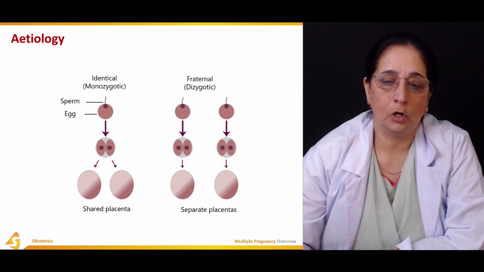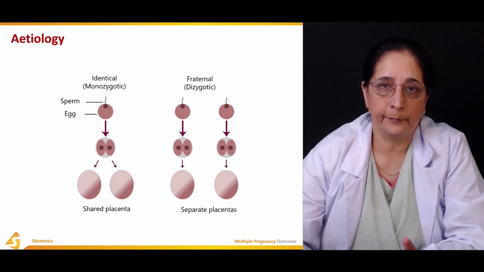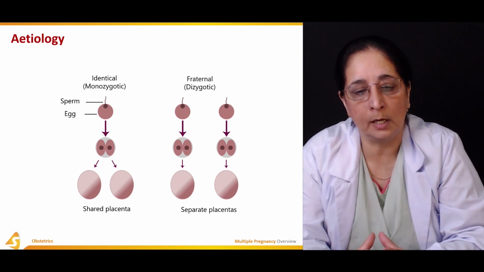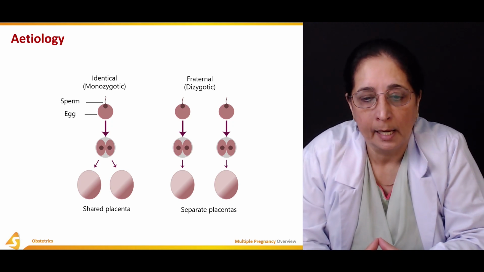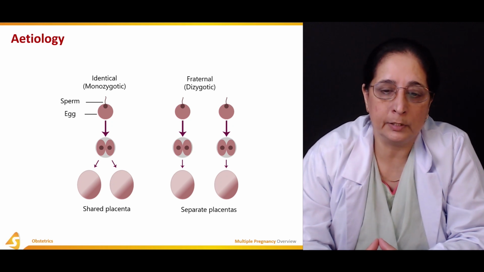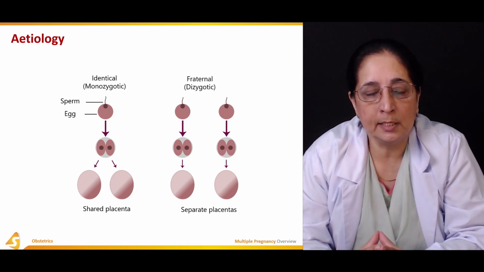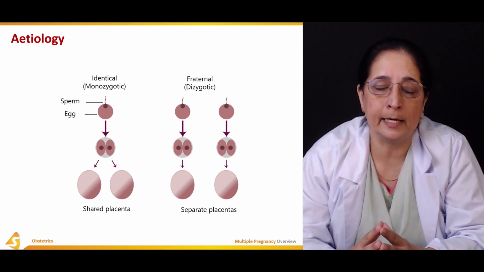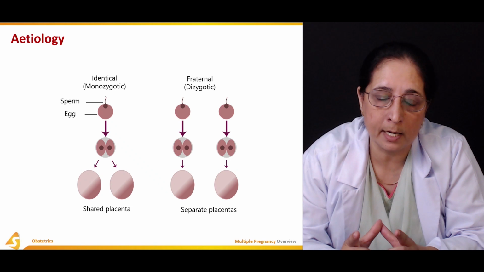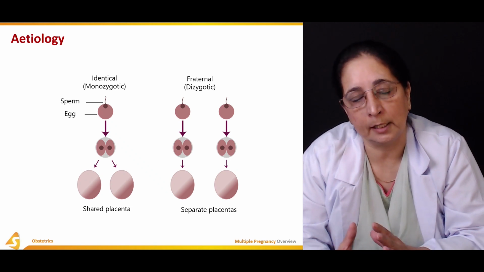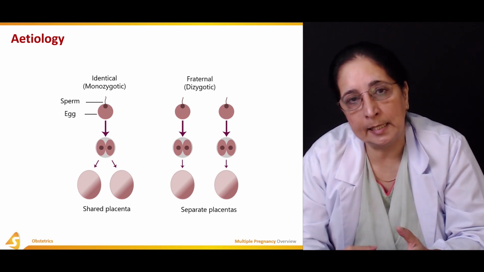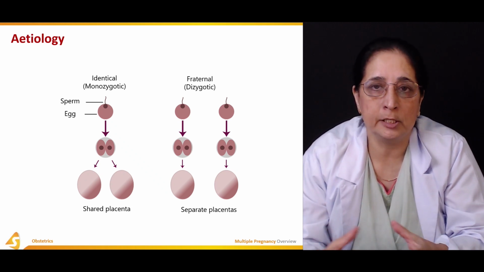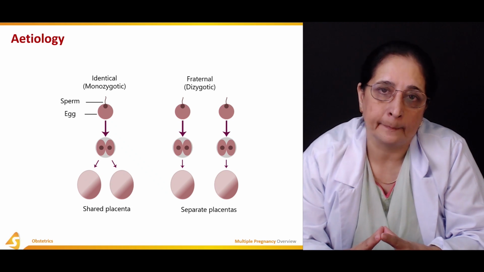Then what's the etiology of twin pregnancies? We have two types commonly. One is identical twins and then we have fraternal twins. Identical twins are identical because the egg that is fertilized is one, it's monozygotic. One egg is fertilized and later divided into two and gives rise to twin pregnancy.